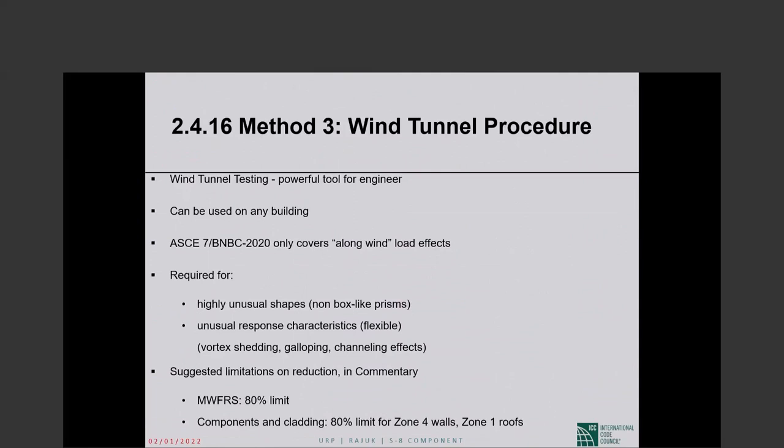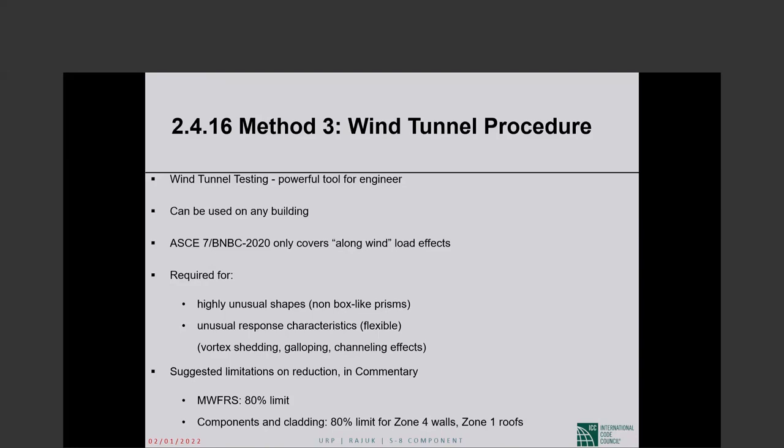Wind tunnel testing is a powerful tool for the engineer, and most important buildings, I would say. In Chicago, any building over 20 stories is designed based on wind tunnel testing. That's because you get to design for lower wind pressures that way than what ASCE 7 will give you.